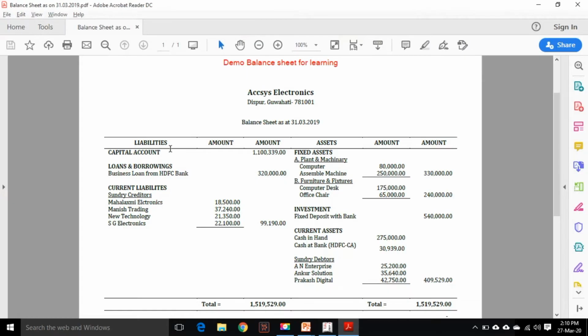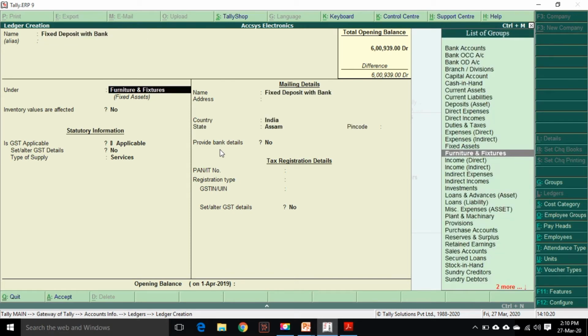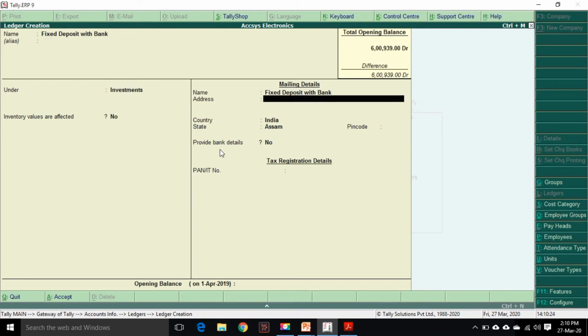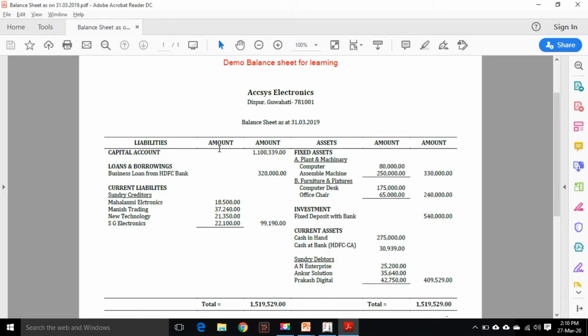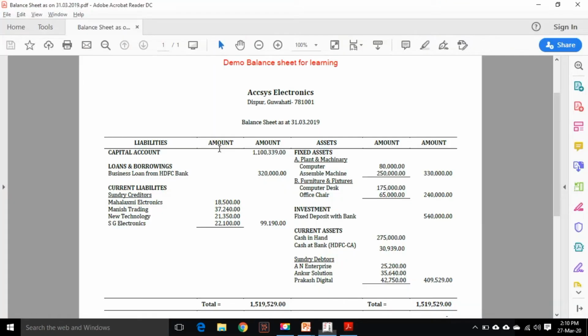It's done. Next is fixed deposit with bank. Fixed deposit is under investment. Select investment here. Value will be 5,40,000. It's debit. Done.